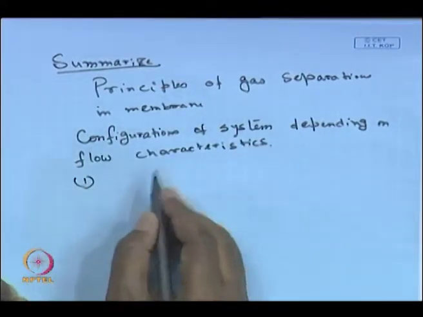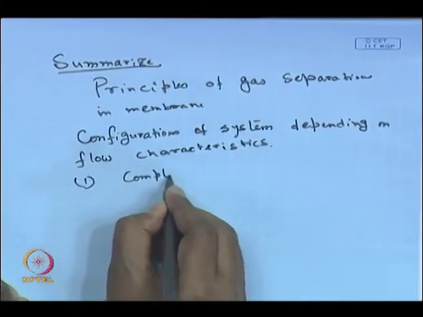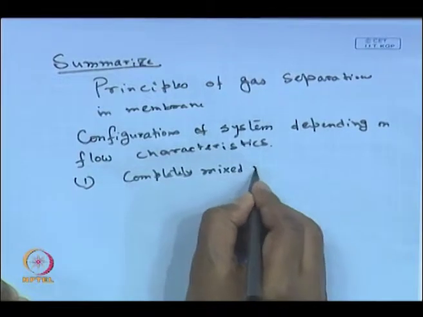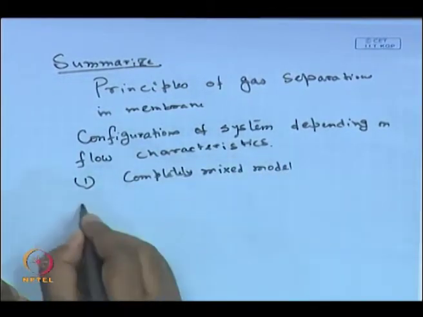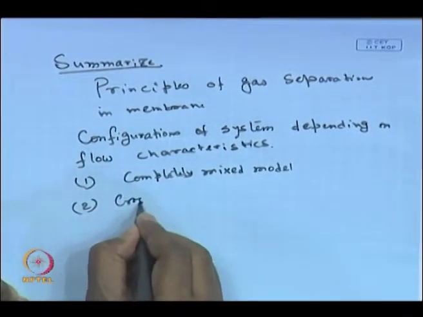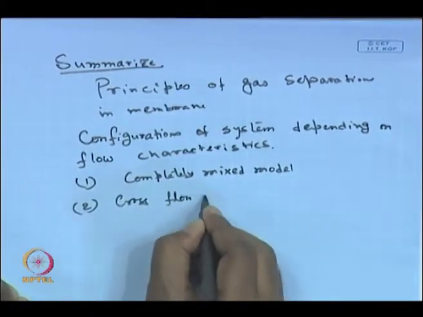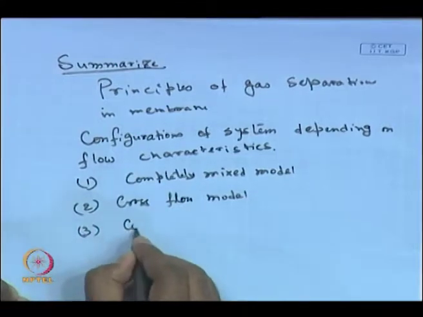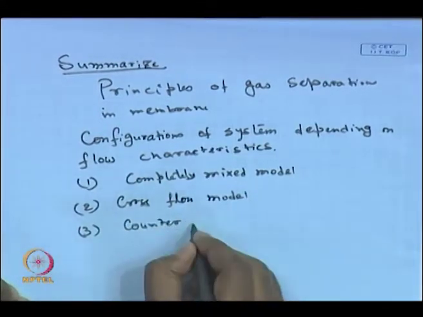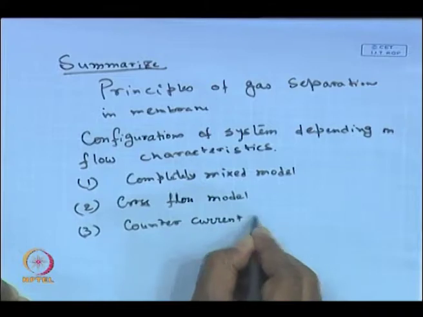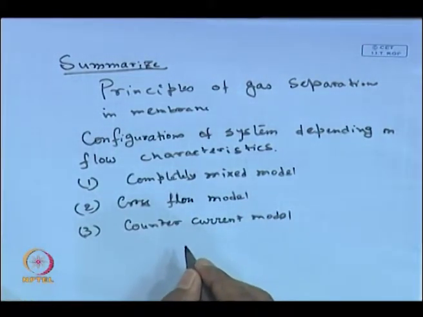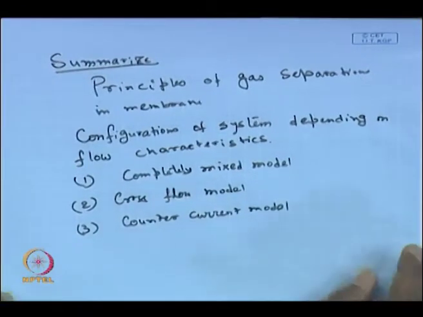First, we got the completely mixed model. Secondly, we got the cross flow model. Third, we looked into the counter current model. We did not look into the co-current model, because the counter current model is generally more efficient compared to the co-current model.